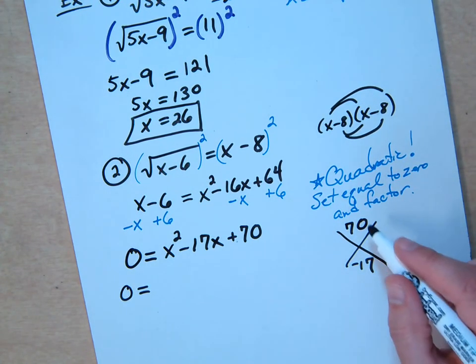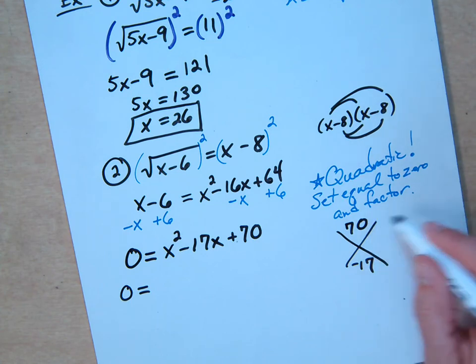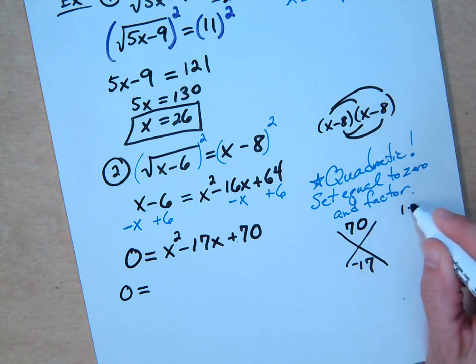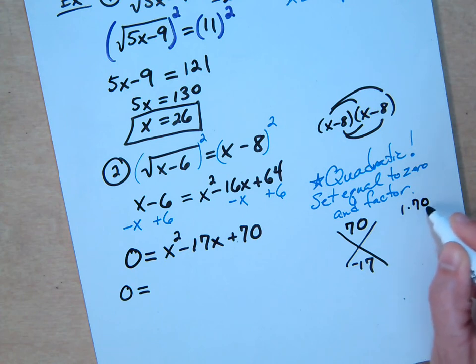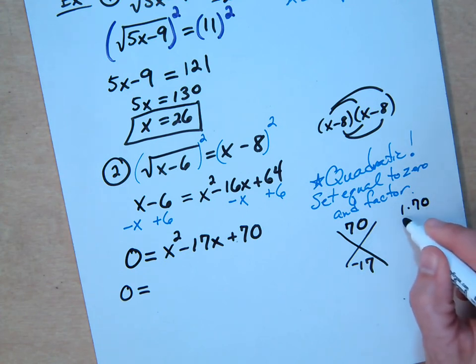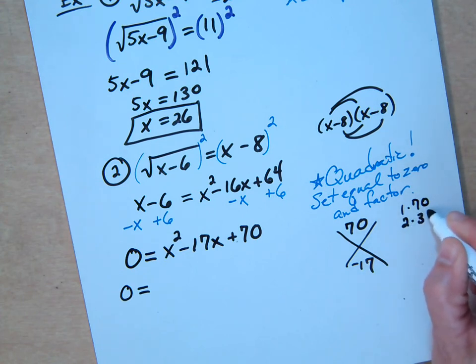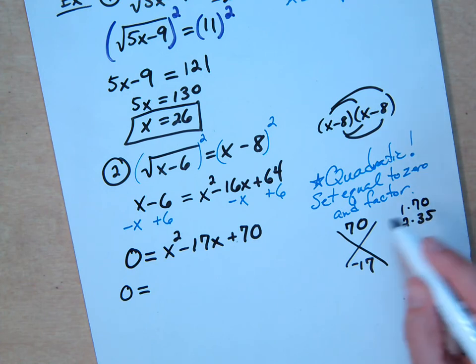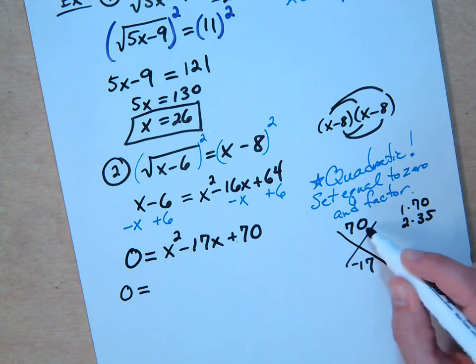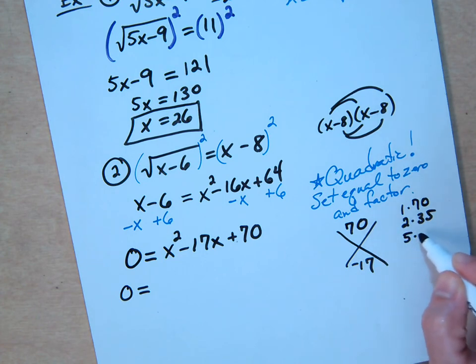So if you go through the list of all the factors of 70, you will get there. Start with 1 times 70. The difference isn't 17. So then you go up, 2 times 35. No. Does 3 go into 70? No. 4? No. 5 goes in. 5 times... 6, does 6 go in? 7, 7 times 10.